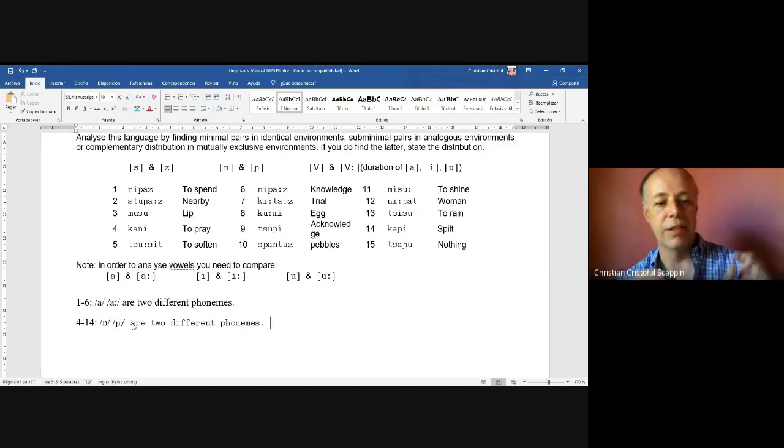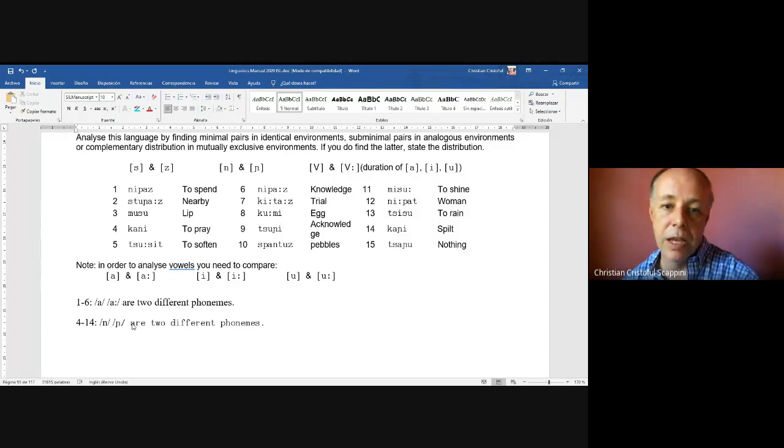Why? There is a minimal pair, 4 and 14. So I got rid of that too. Okay, is there any other minimal pair? I don't think there's more. So A and N and ñ.